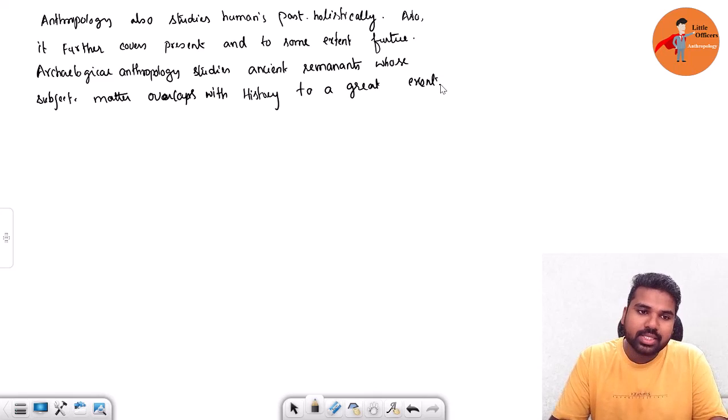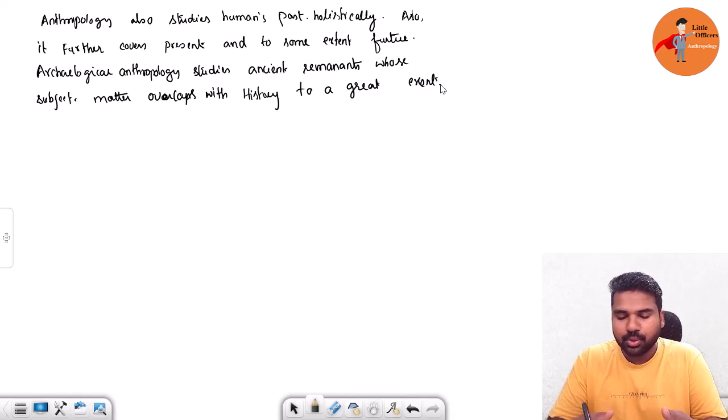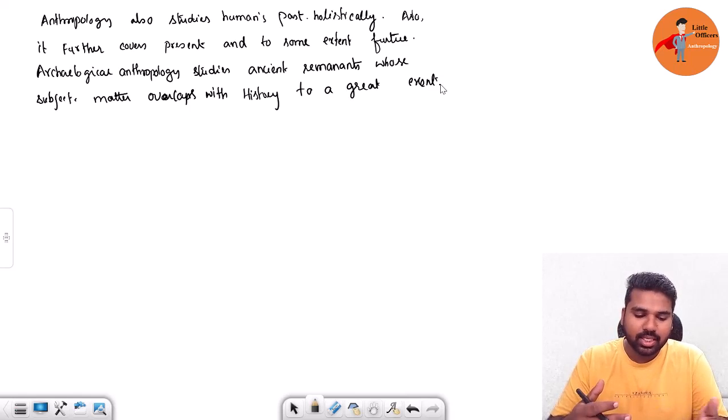Then archaeological anthropology, which is one of the sub branches of anthropology, mainly focuses on these ancient remnants, which include artifacts, the societies, and their structure, both political and economic, and what kind of social hierarchy is there. All these elements are covered through those archaeological evidences that we found.